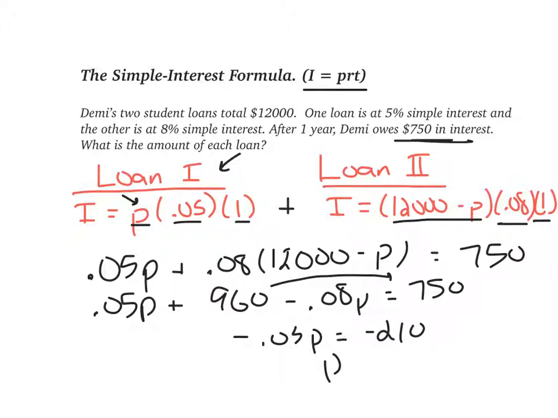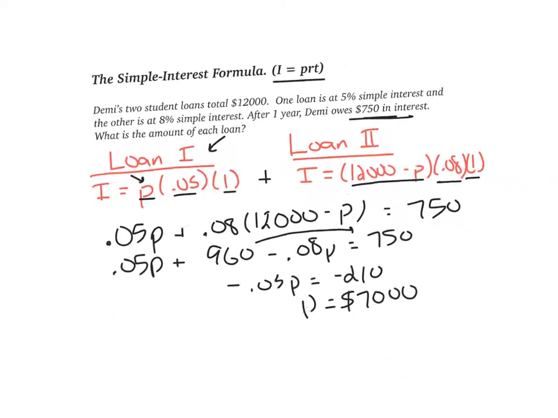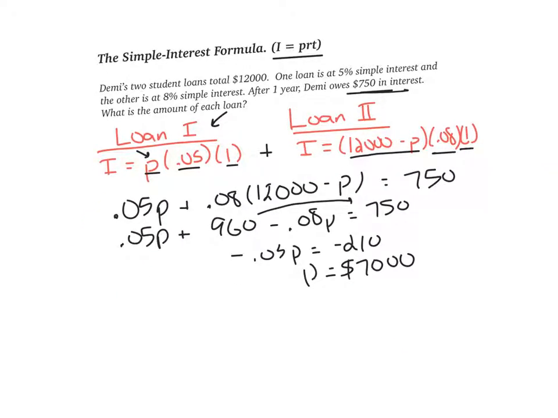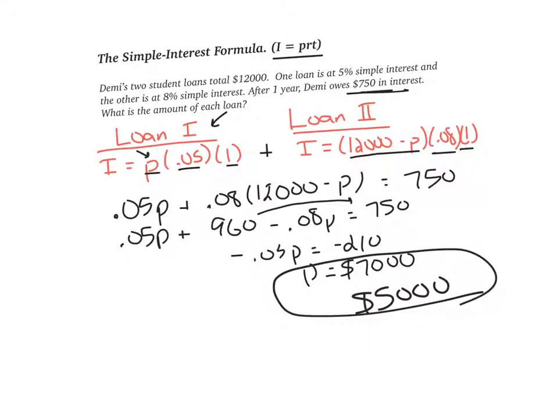I'm going to divide that and see what I get. 210 divided by negative 0.03, and I get 7,000. So that means one of her loans is $7,000, and her other loan is $5,000 because the other one was 12,000 minus that. So those are the amounts she borrowed in her two loans.